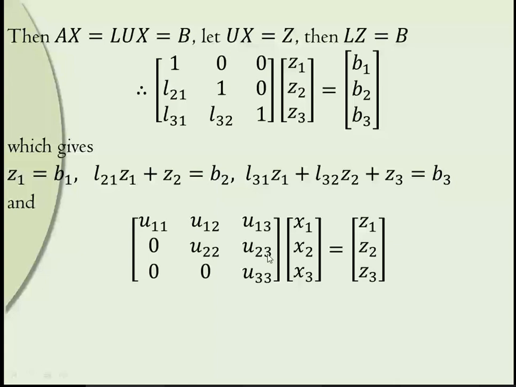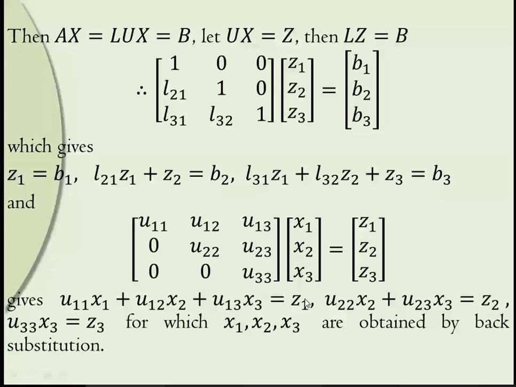And putting this Z1, Z2, Z3 here, writing the equations from this matrix, we get U11 x1 plus U12 x2 plus U13 x3 equal to Z1, 0 x1, U22 x2, U23 x3 equal to Z2, 0 x1, 0 x2, U33 x3 equal to Z3. From the last equation, we get x3, put it into the previous, that gives us x2, put both of these into this, it gives us x1. Okay, so x1, x2, x3, we can obtain.